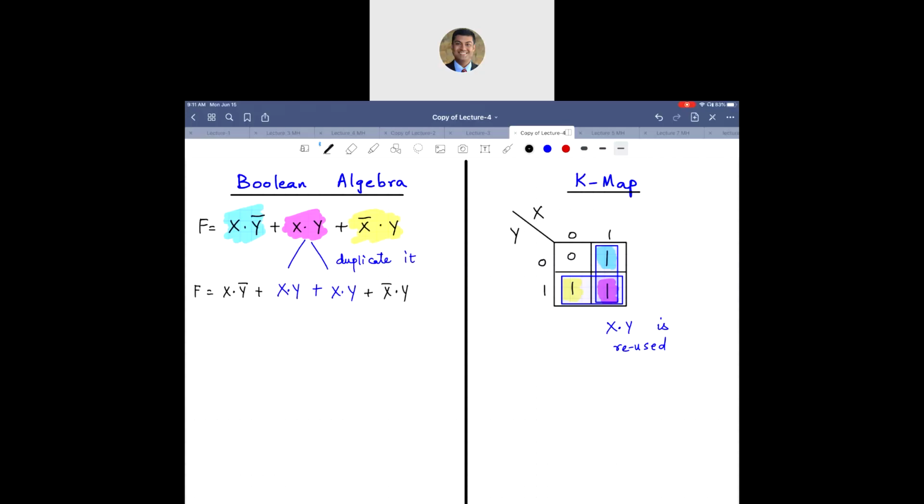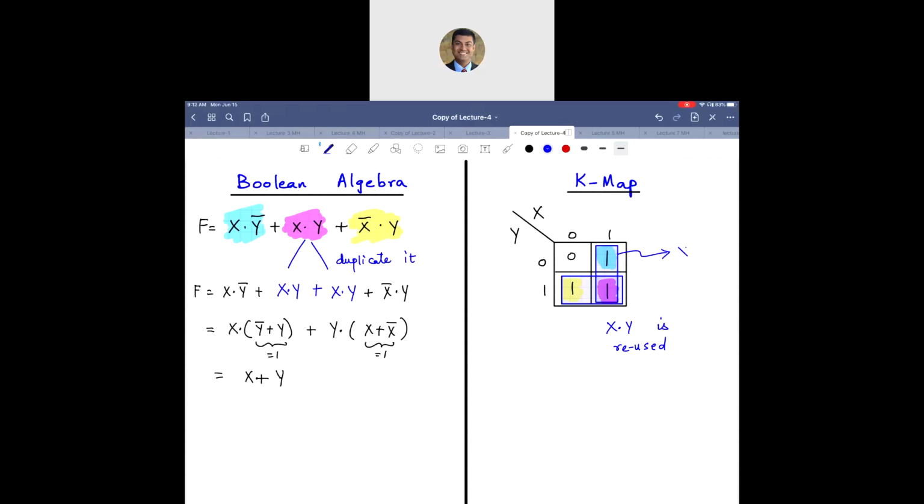The next step would be to combine them. Pull out an x from the first two, you get y complement or y. Pull out a y from the next two, you get x or x complement. This goes to a 1, this goes to a 1, you get x or y, which is the same as this.